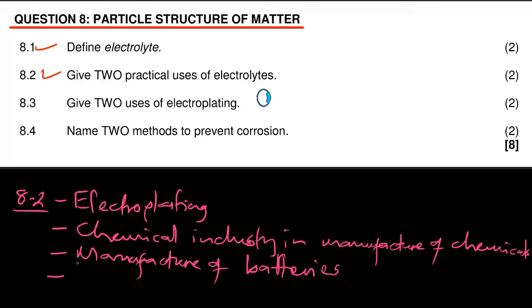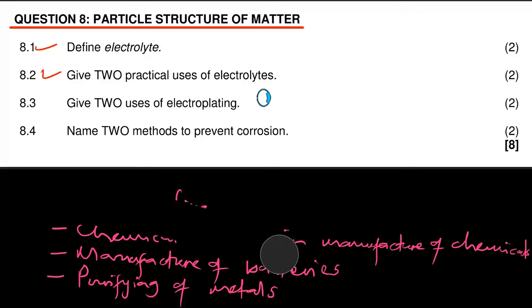Electrolytes, you can find it even in purifying of metals, for example. In the metal industry this is common. What else? We said electroplating. These are the common ones. They need 2 marks, so I think that's sufficient.